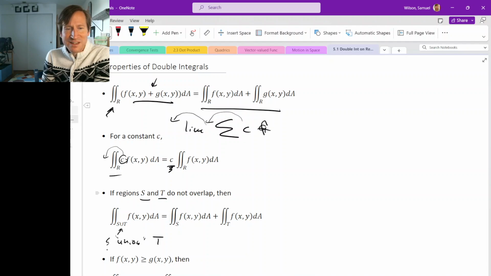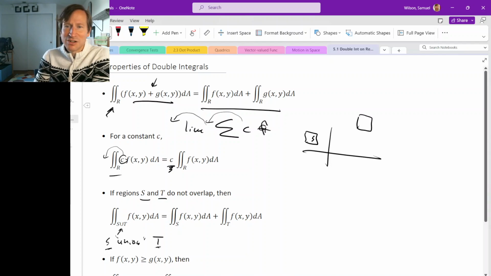Union just means S together with T. So if we have some rectangle over here, S, and some rectangle over here, T, as long as these rectangles don't overlap, then the integral over S and the integral over T, if you add them together, you get the same thing as the integral over both S and T.